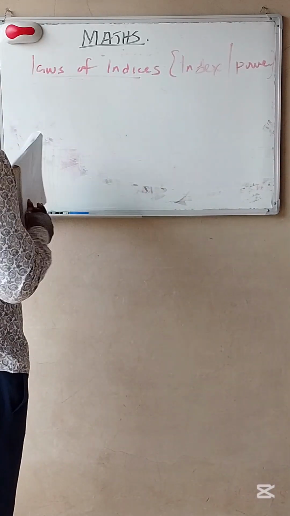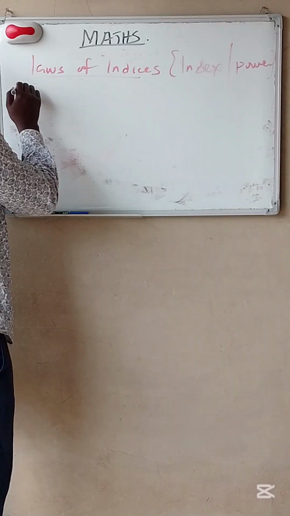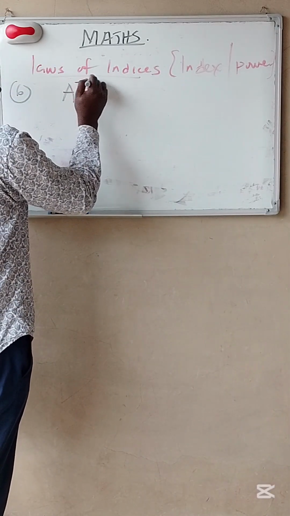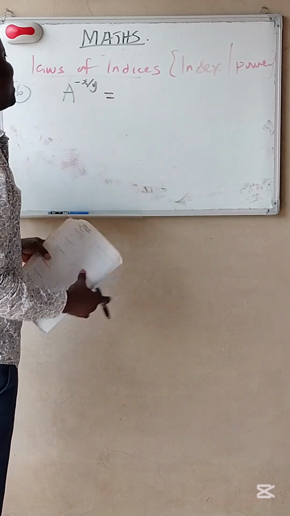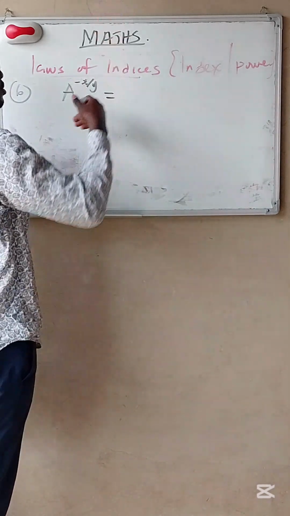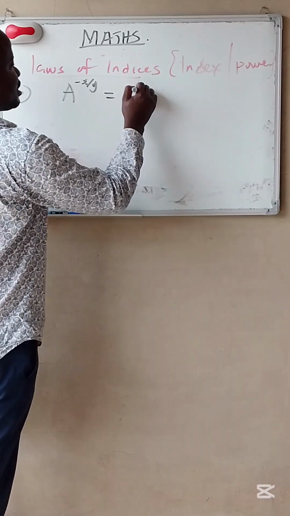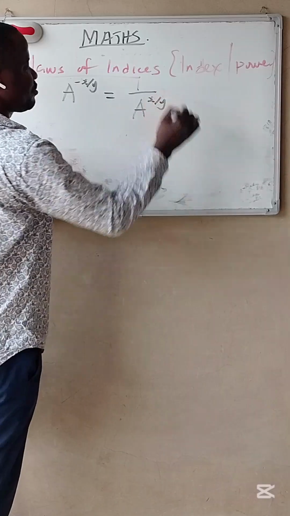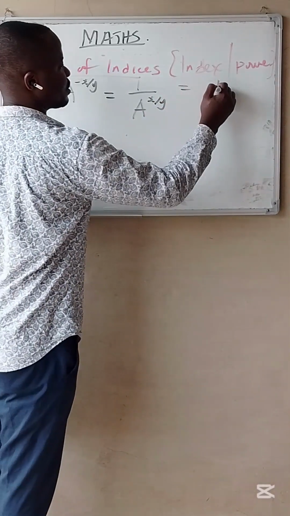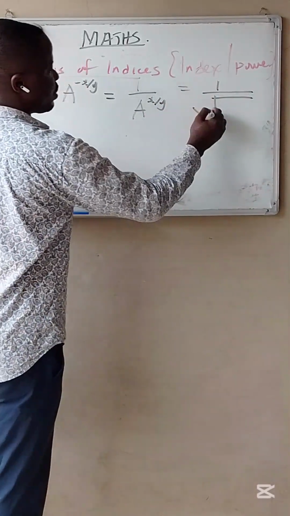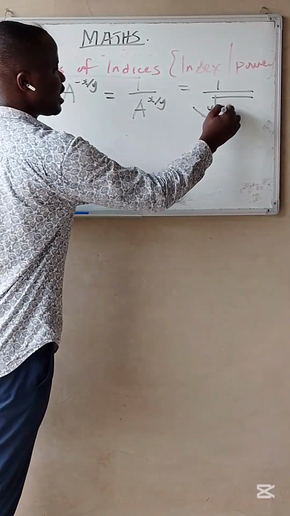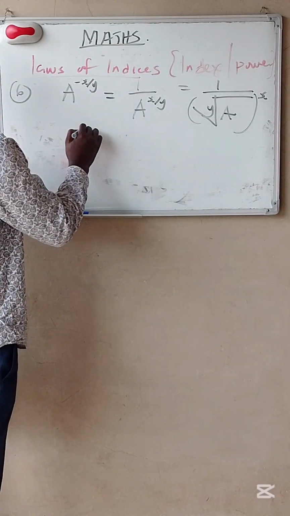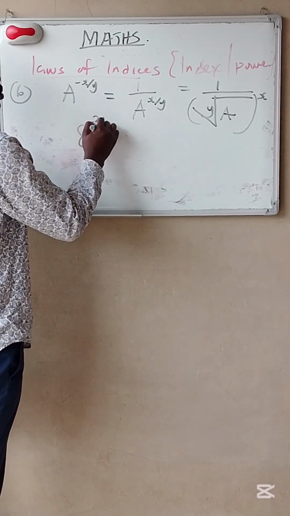Now, let's look at another law. Let's say you are given a raised to power minus x over y. Remember, anything raised to a negative power will be the inverse of that number. So the inverse will be 1 over a raised to the fractional power. Don't forget what I said in the last law: we have y inside the root, then a, then x as the power. Let's say I'm still using 8 raised to power minus 2 over 3.